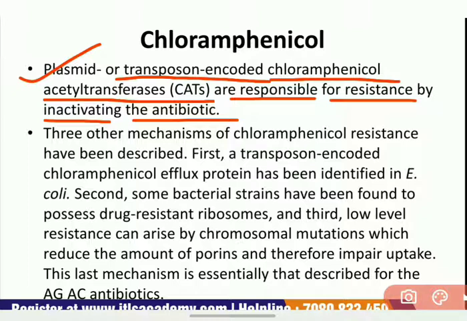CATs convert chloramphenicol to an acetoxy derivative which fails to bind to the ribosomal target. Several CATs have been characterized and found to differ in properties such as electrophoretic mobility and catalytic activity.